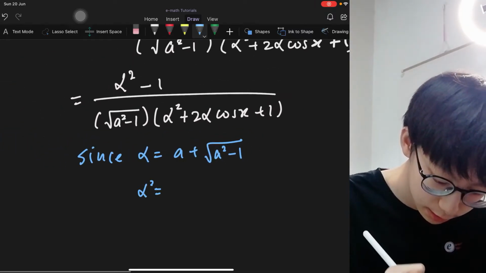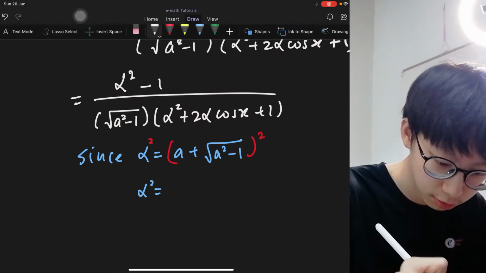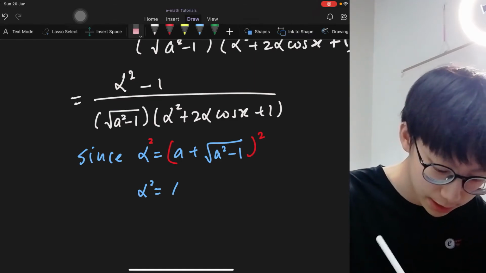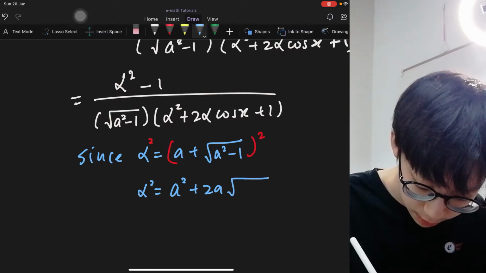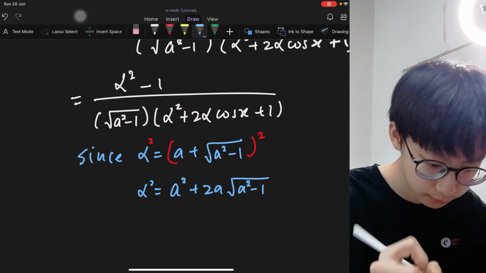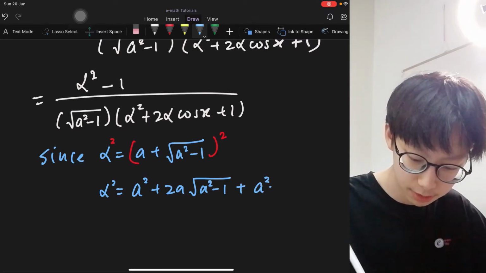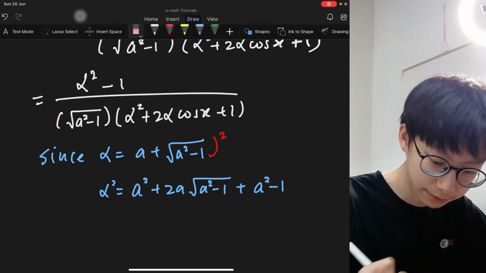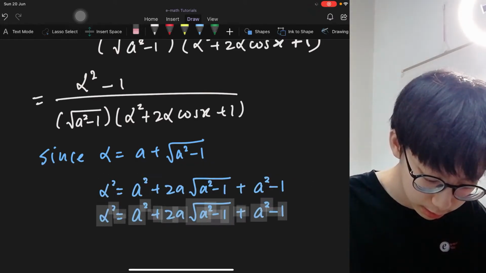Alpha square is this one, you square. Open up the square. You have a square plus 2a square root of a square minus 1 plus square, and square and square root can cancel out each other, so it is just a square minus 1. I don't want to confuse you, so I think I will write like this.